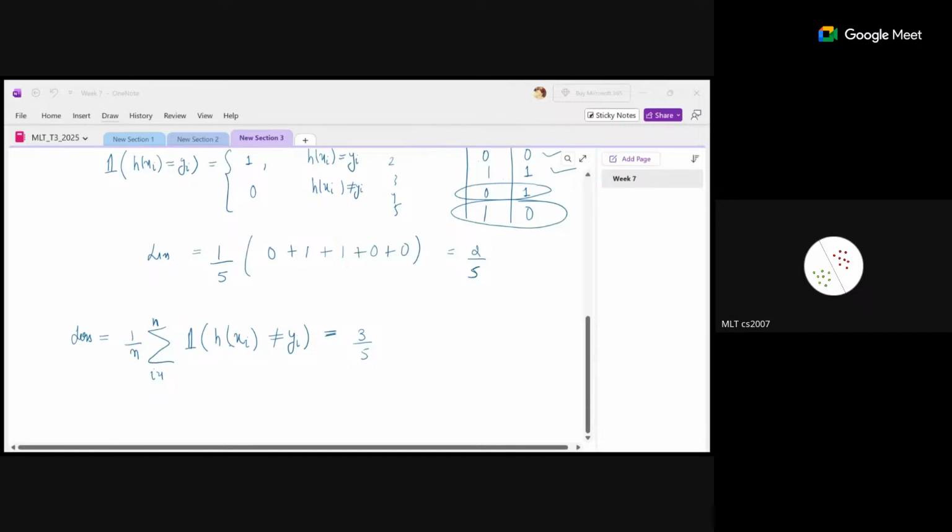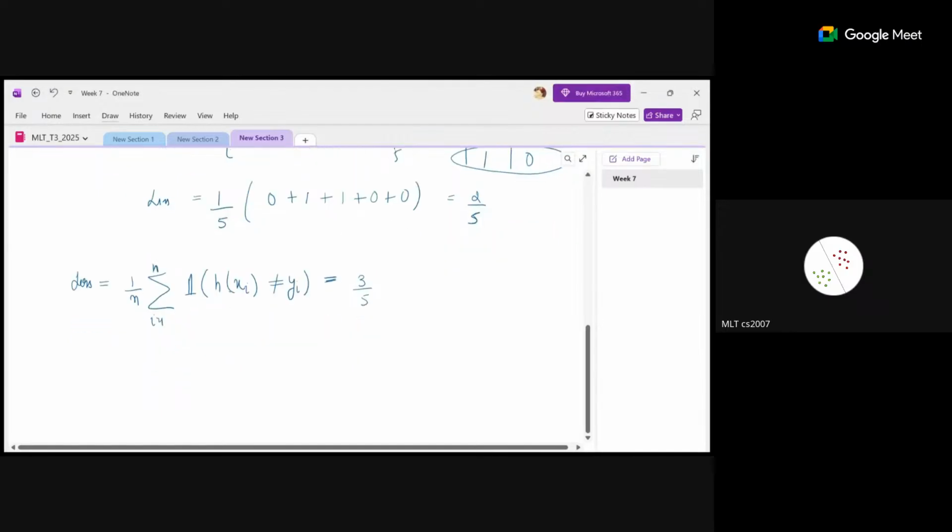Now, whatever training data we have, we fit our model, and let's say based on the training data, I got H. So let's say I get the model to be H.